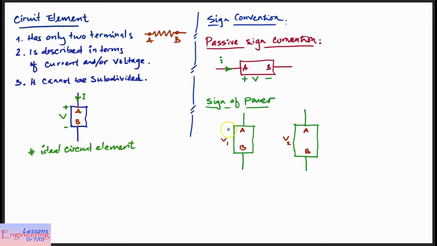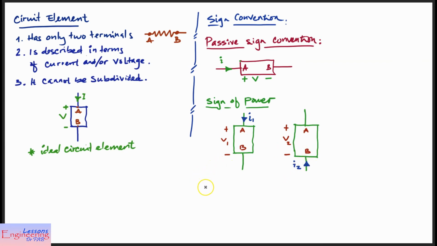and the voltage drop is such that there is higher voltage at the top terminal A and lower voltage at the bottom terminal. Let's take two scenarios, where the first scenario is that the current is in the direction of voltage drop, I1, and in the second scenario the current is in the opposite direction, I2.